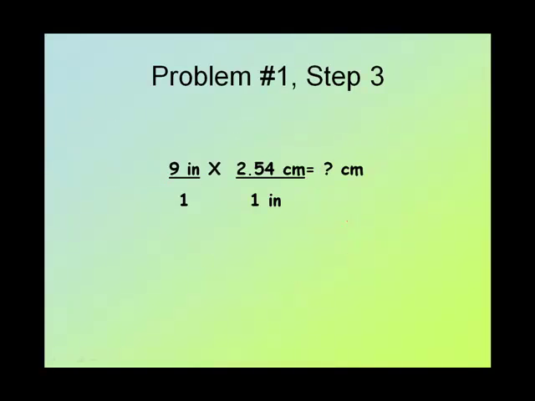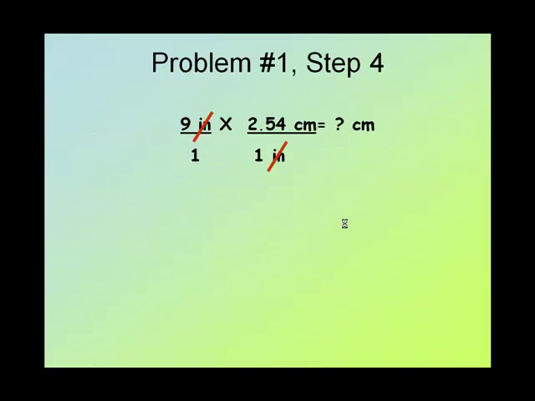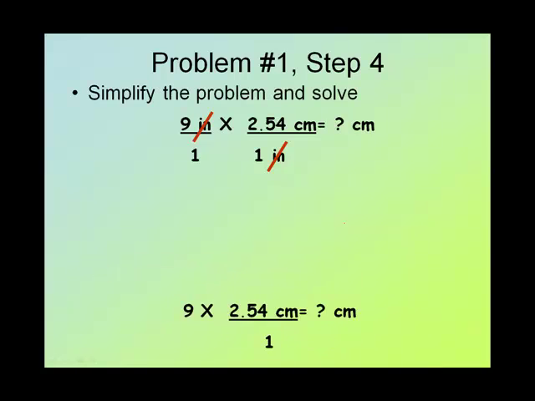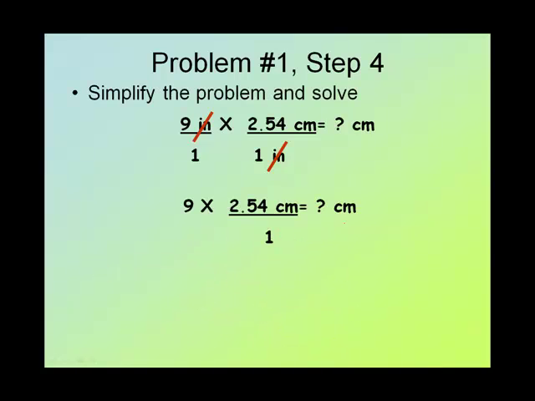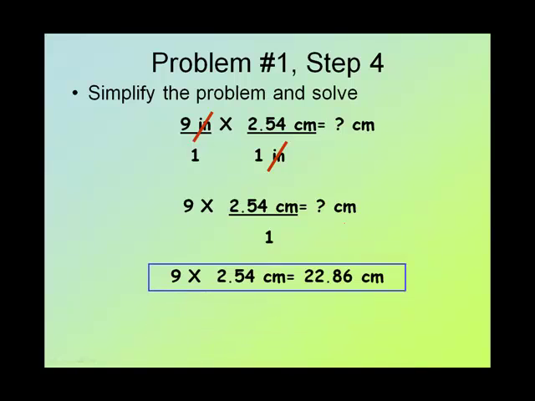So when we go ahead and simplify, again, cancel like units. Those always need to be on opposite sides of the fraction. Then we multiply through. And we get 22.86 centimeters.